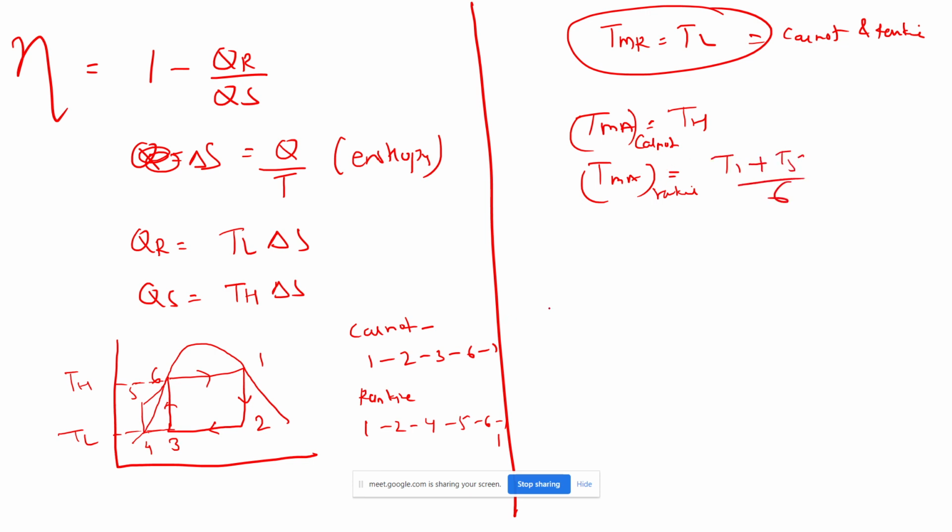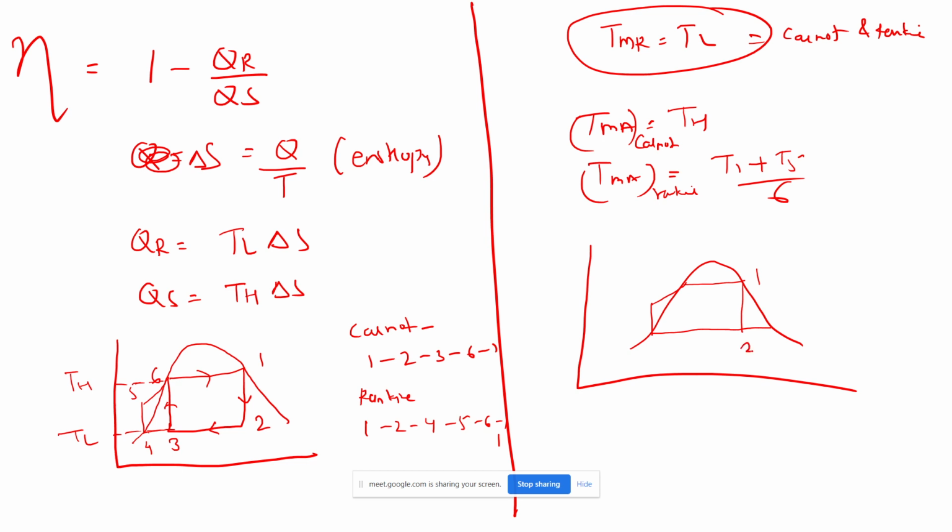So when we draw this on this curve, it will not be greater than T1 plus T5 by 2, it will be the mean of it. I'll show you. 3, 4, 5, 6.